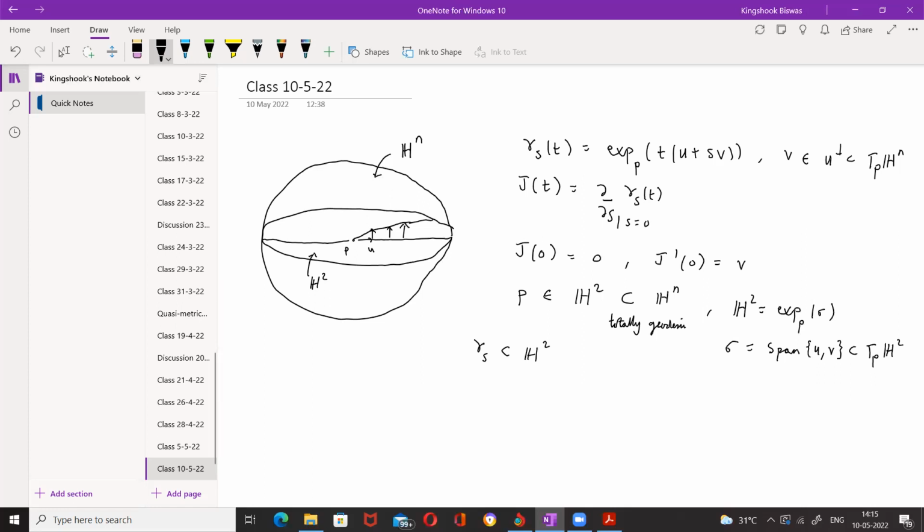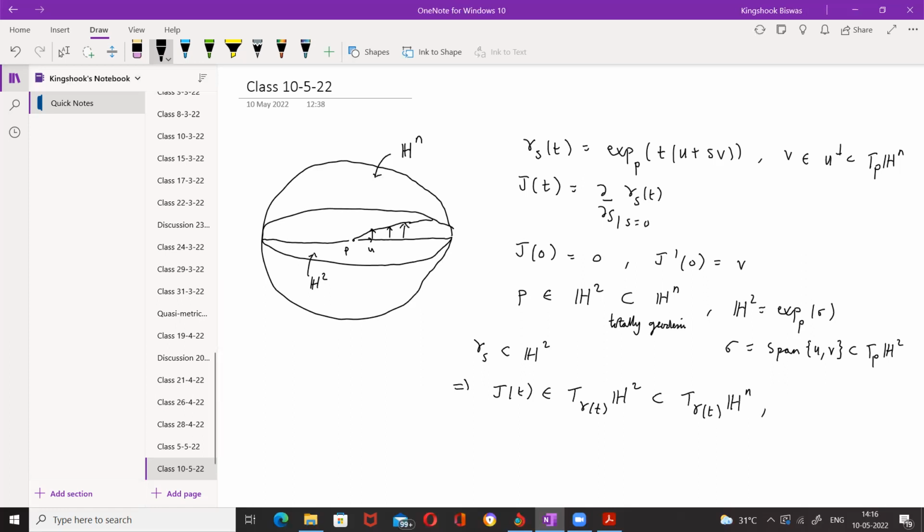Yes. Okay, so this means that when I differentiate the gamma S's, my J will be tangent to H2, right? So JT will belong to the tangent space at gamma T to H2, which is inside the tangent space at gamma T to Hn.